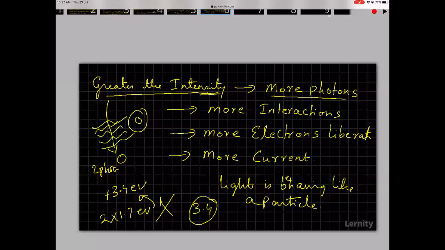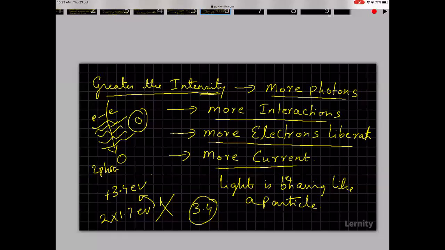When you bombard too many photons, there will be more interactions between photons and electrons, so photons will give their energy to more electrons. So more electrons will be liberated, and the current will be more, because current is the rate of flow of charge. More electrons means more charge, and more charge means more current.